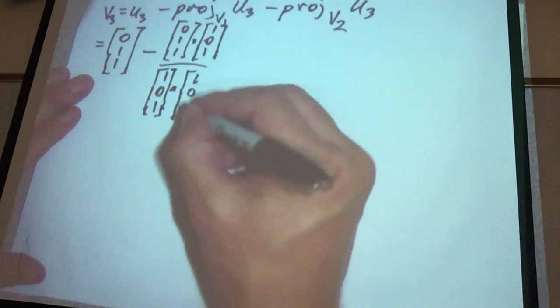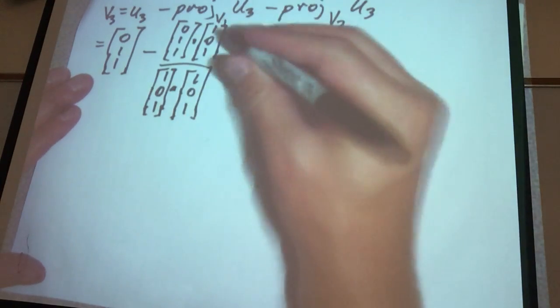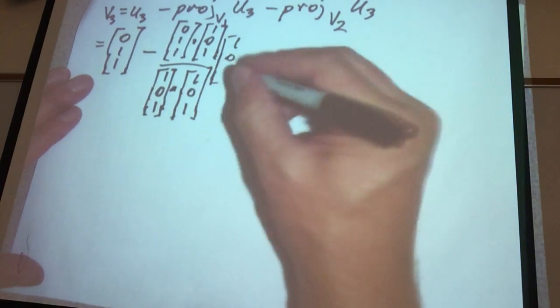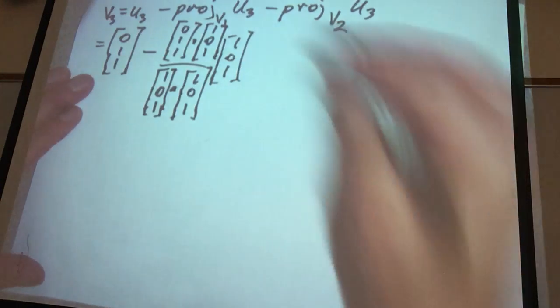1, 0, 1. Remember, when you're projecting onto a vector, there's going to be a lot of dot vector involved. All right?